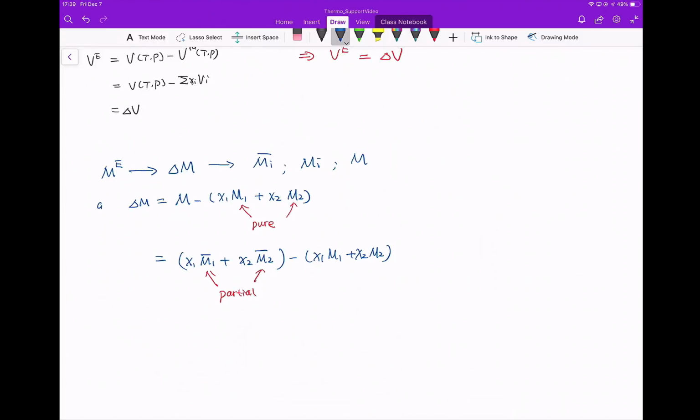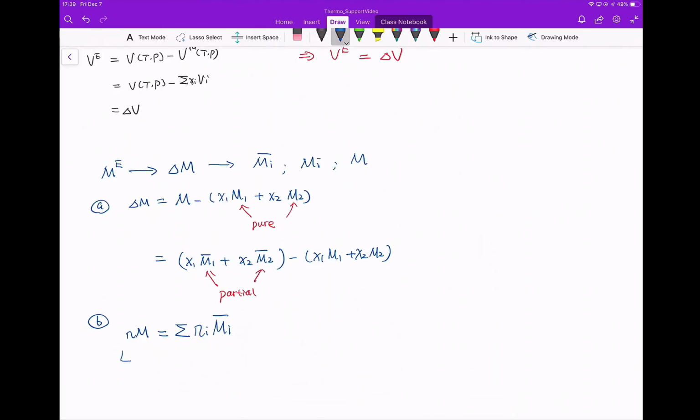This is one useful equation. The other we discussed is for the partial molar property: if this is my total, it would be the summation of Ni times Mi partial.